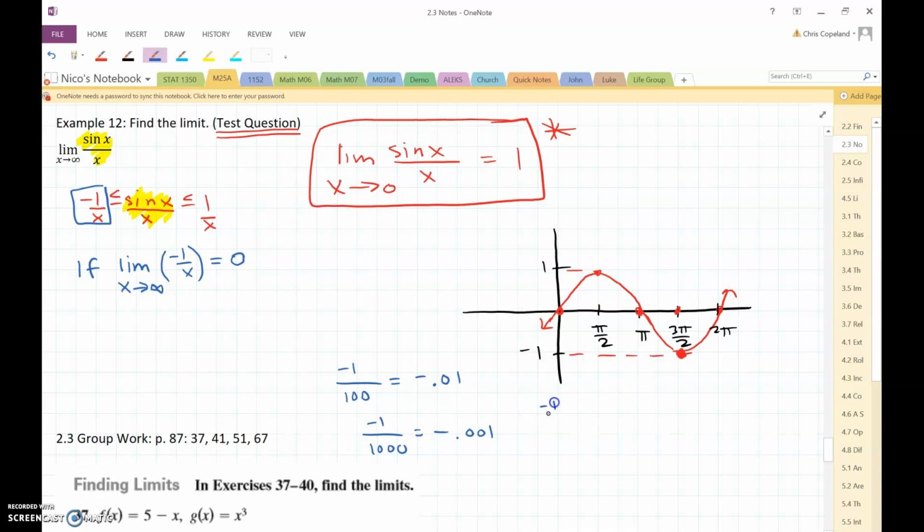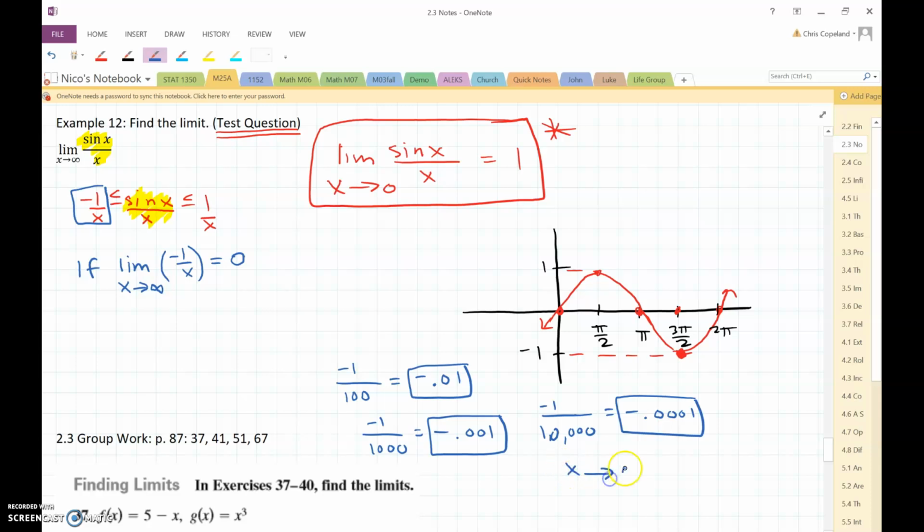If you divide that by 10,000, you would get -1/10,000ths. So you can see that this number is getting smaller and smaller and smaller. Eventually, as x goes to infinity, that's going to get closer and closer to 0. Okay, so this is why this limit is equal to 0.